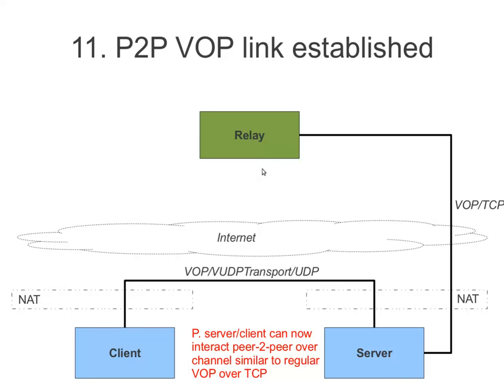And also with respect to privacy, as client and server can communicate directly without the traffic being observed by the relay as a third party.